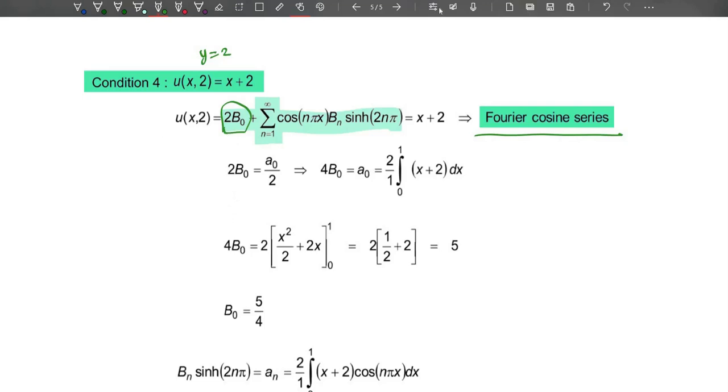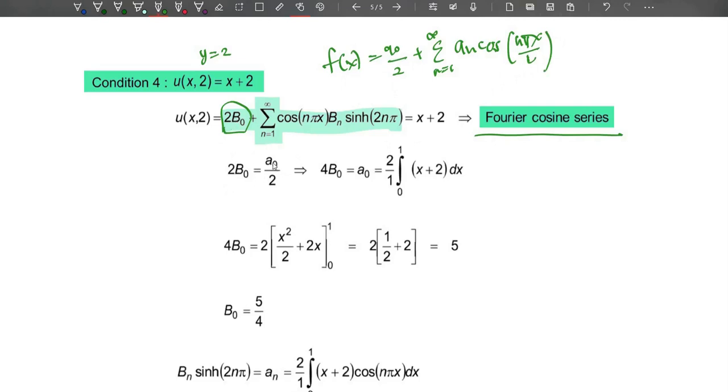Remember the Fourier cosine series earlier? f(x) equal to a0 over 2 plus summation n from 1 to infinity an cos n pi x over L. So here, instead of a0 over 2, it will be 2b0.